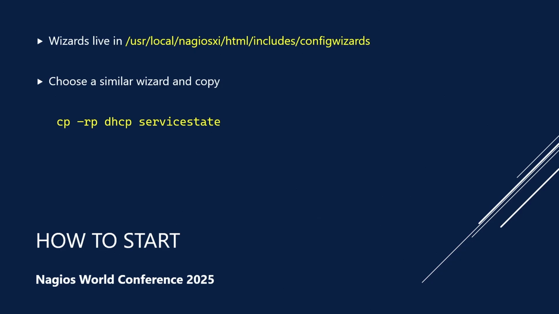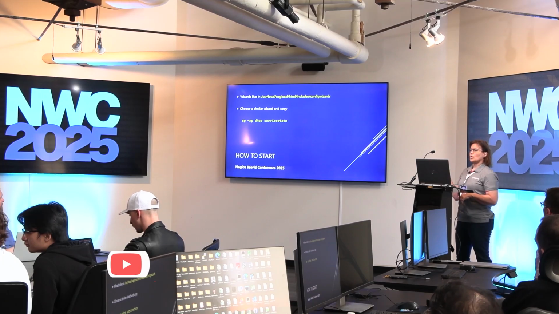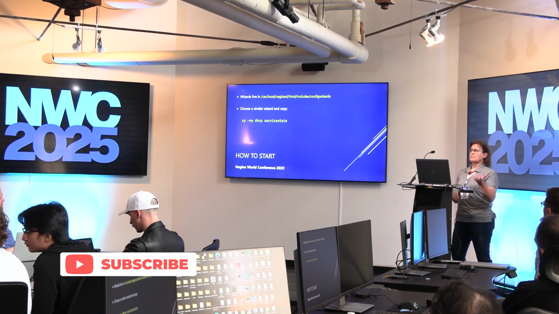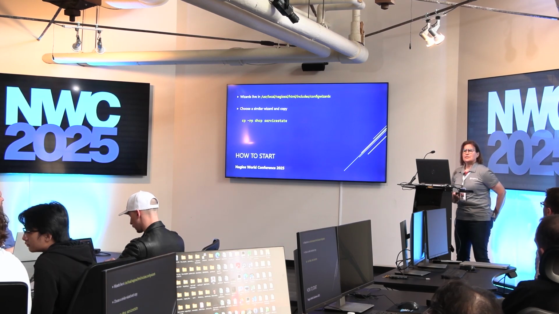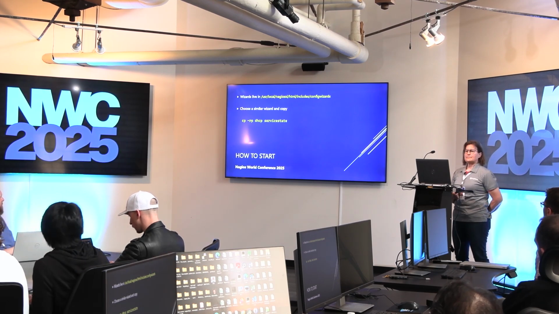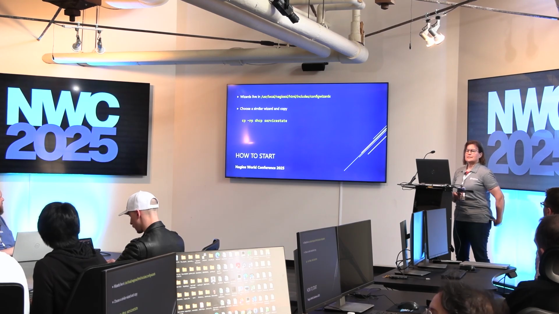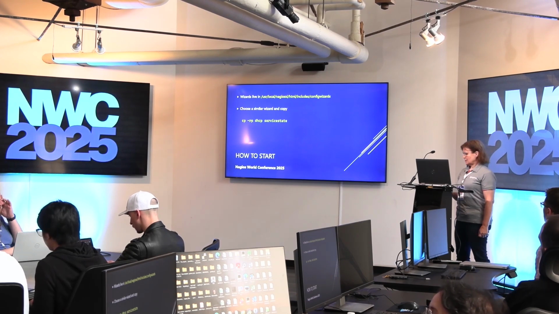I would recommend that you might even want to work from this config wizards directory, just make a copy. So in my case, I used the DHCP wizard, and I just made a copy of it, and I named the new wizard service state.